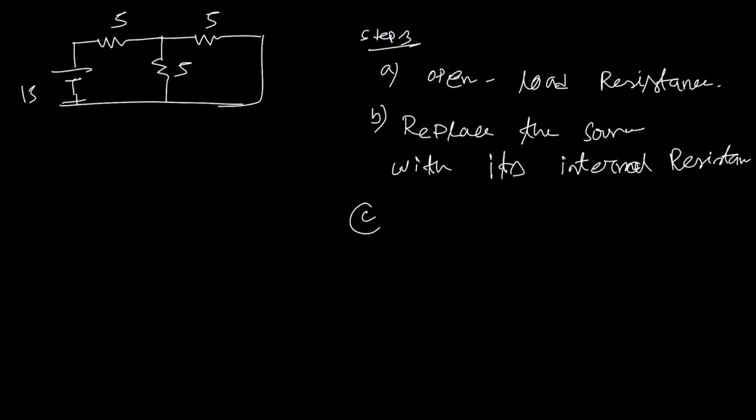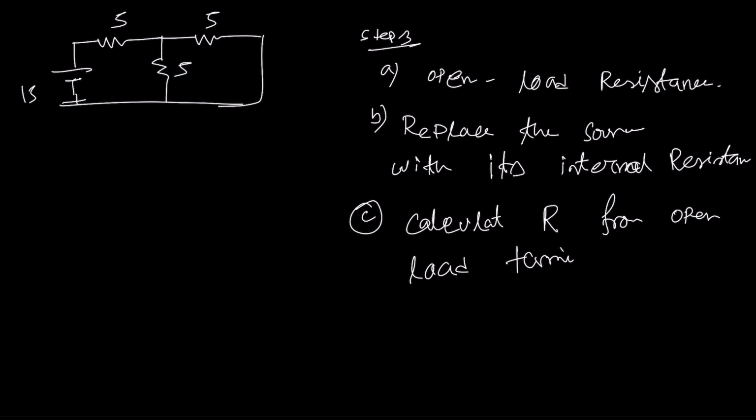And C, calculate the resistance from the open load terminal. So what can we do? Replace the voltage source with its internal resistance. The internal resistance of a voltage source is how much? It is 0.